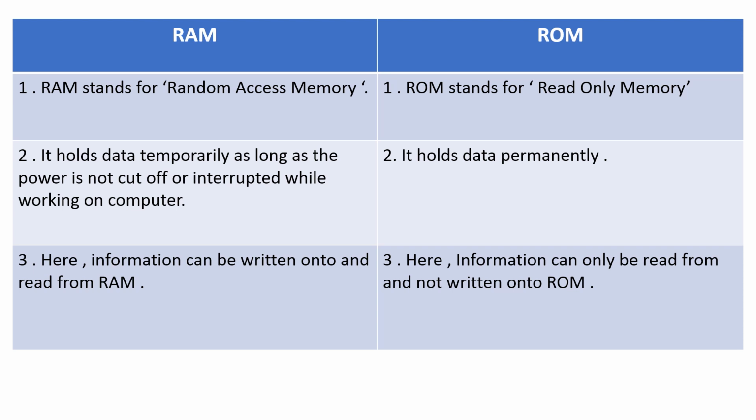That's why information can only be read and not be written onto ROM. That's why ROM stands for what? Read only memory. Just remember all the 3 points. It is very important. It is the most important part of the main memory, RAM and ROM. You need to understand it. So moving on.